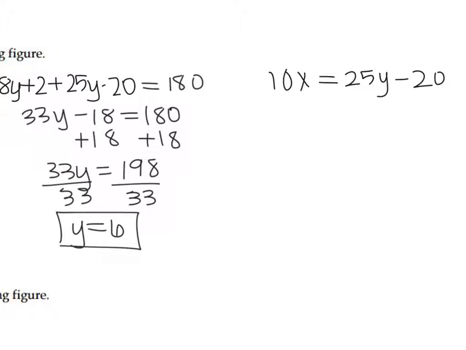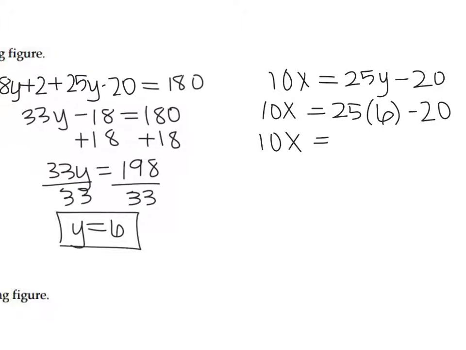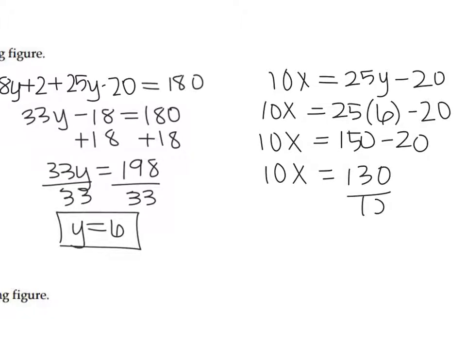And now that we have a value for y, I can plug that in. So we get 10x equals 25 times 6 minus 20. So we get 10x equals 25 times 6 is 150 minus 20. So 10x equals, and then 150 minus 20 is 130. Divide by 10, and x equals 13.